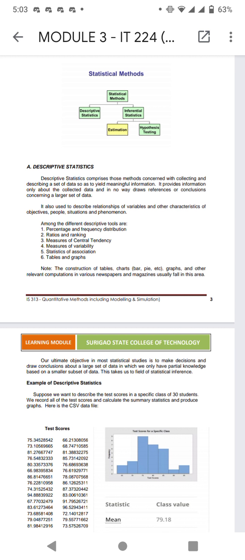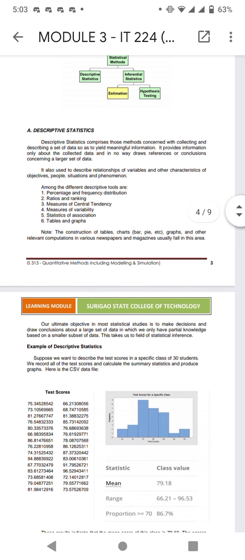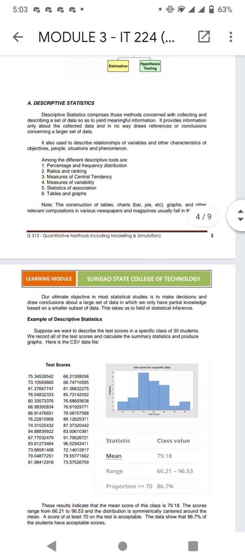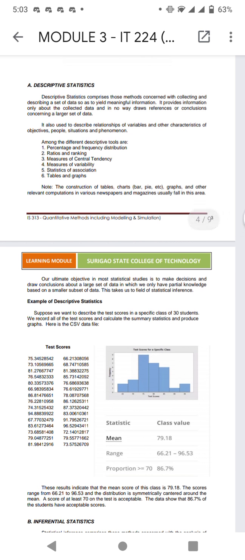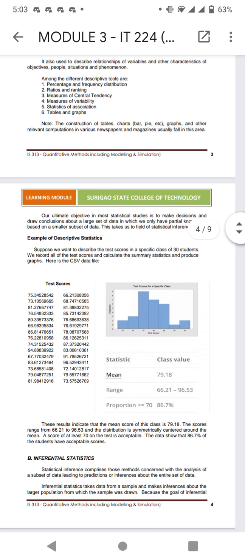Among the different tools for descriptive statistics are percentage and frequency distributions, ratios and ranking, measures of central tendency, measures of variability, statistics of association, and tables and graphs. Note that the construction of tables, charts, graphs, and other relevant computations in newspapers and magazines usually fall in this area.